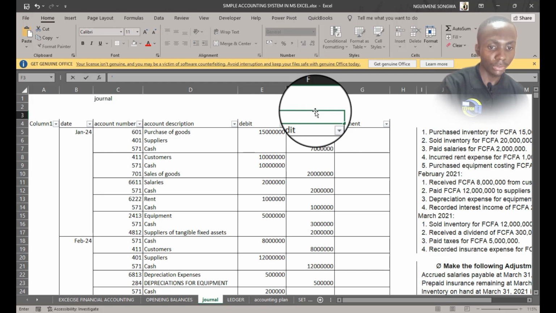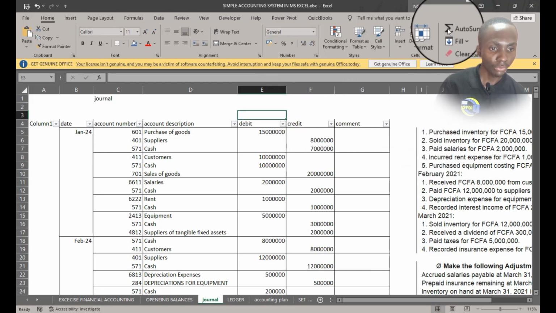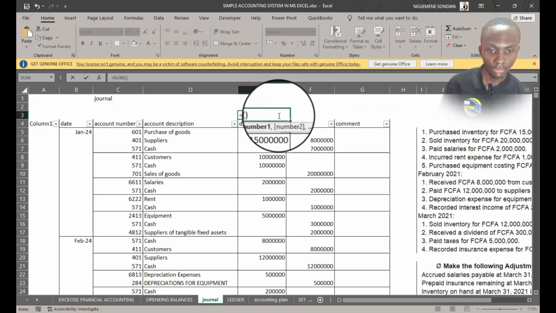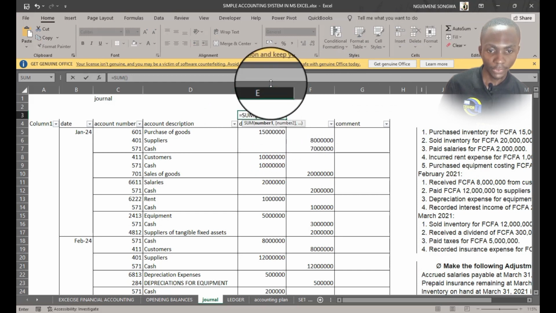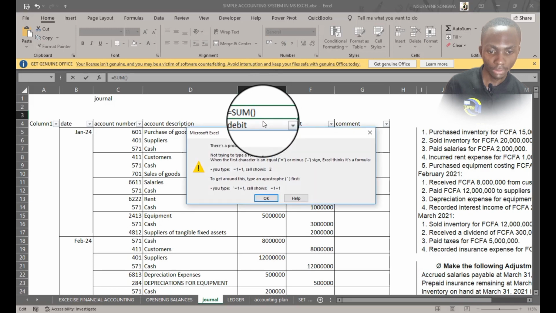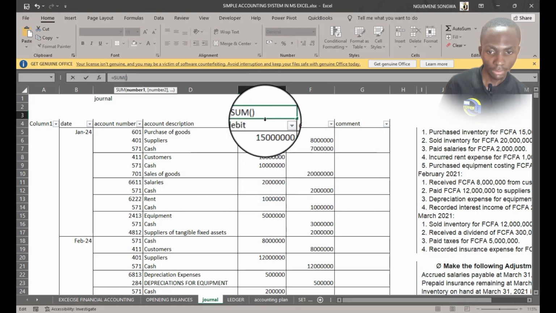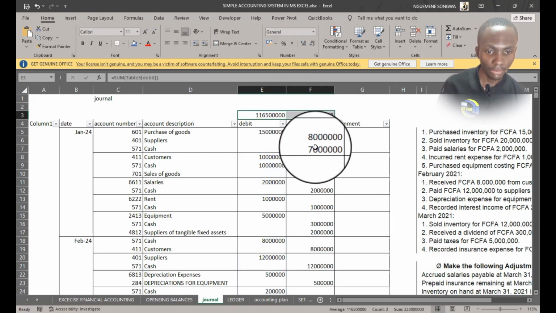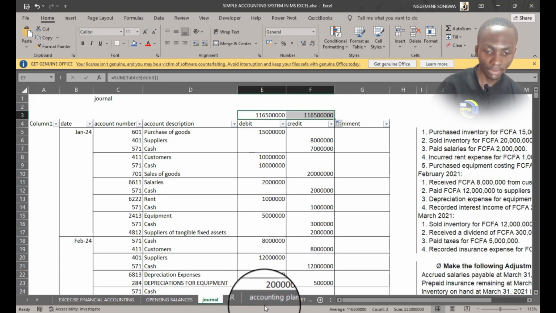So I'm just going to use the sum function and sum all of these columns. Okay, it's this amount and the sum on this side. It means that in terms of debit and credit, everything is okay.